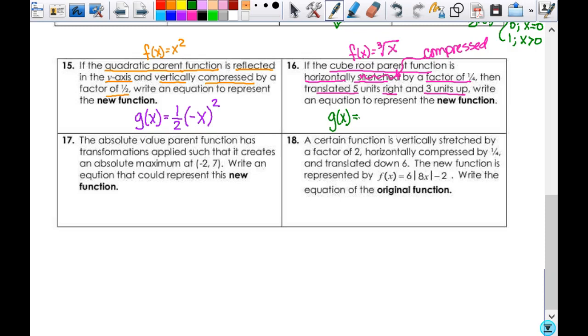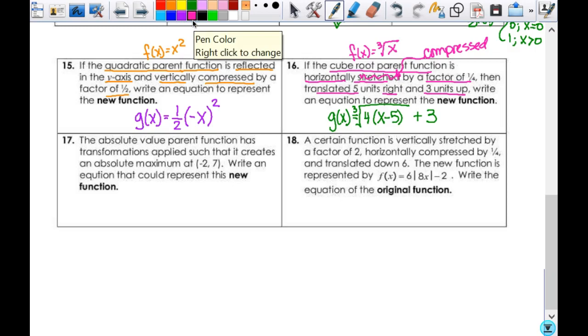So we multiply by 4, since it's compressed by a factor of 1/4. But it's also translated 5 units right. So I'm going to have to do x minus 5. That's how I translate it 5 units right. Parentheses around that. Multiply it by 4. Okay, all this stuff has to be inside the cube root. So I have horizontally compressed it by a factor of 4, translated it 5 units right, and on the outside, 3 units up.